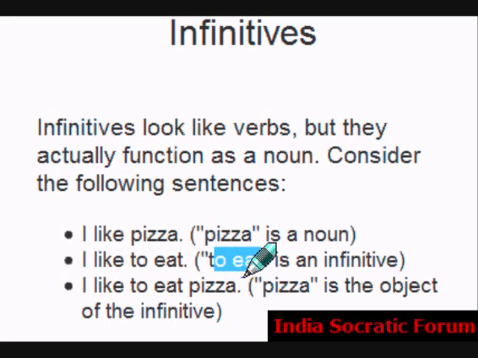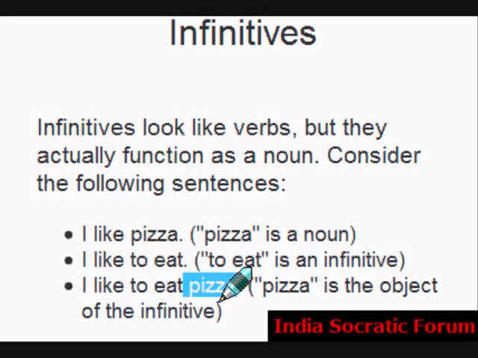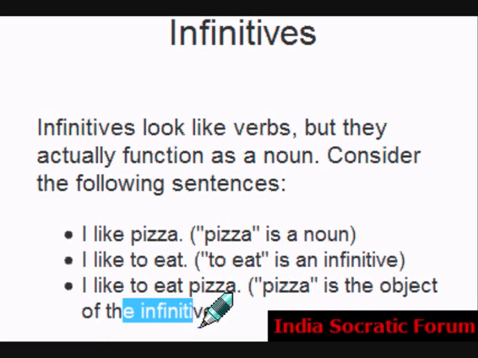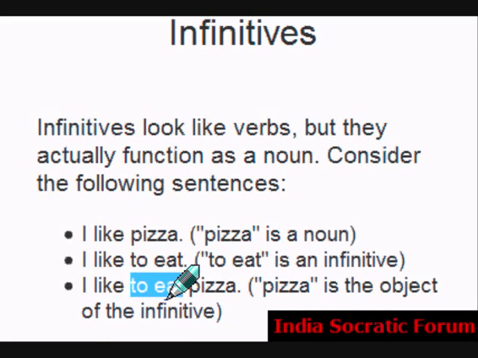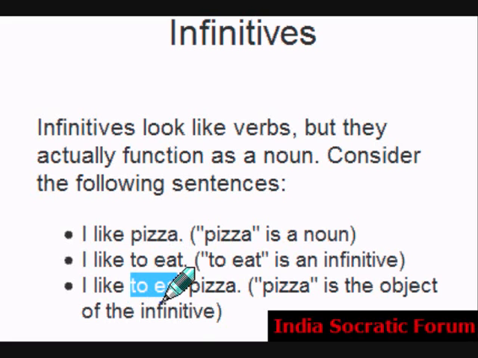To eat is an infinitive. They look like verbs, but they actually function as a noun. I like to eat pizza. Pizza is the object of the infinitive. To eat is infinitive, pizza is noun. Object of the infinitive, to eat.